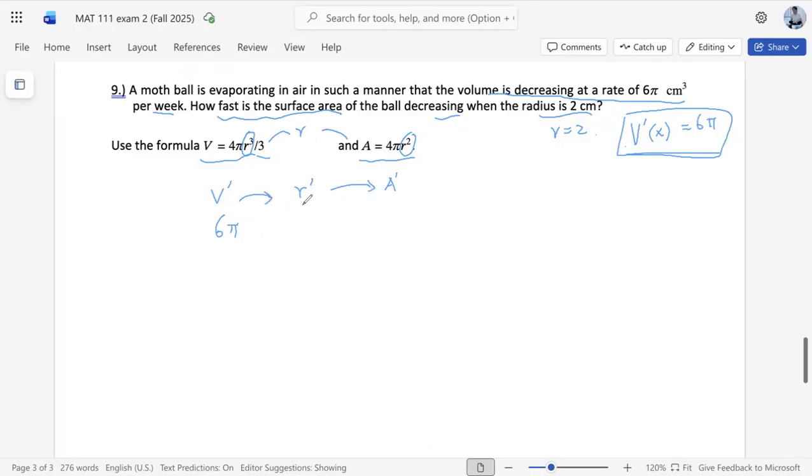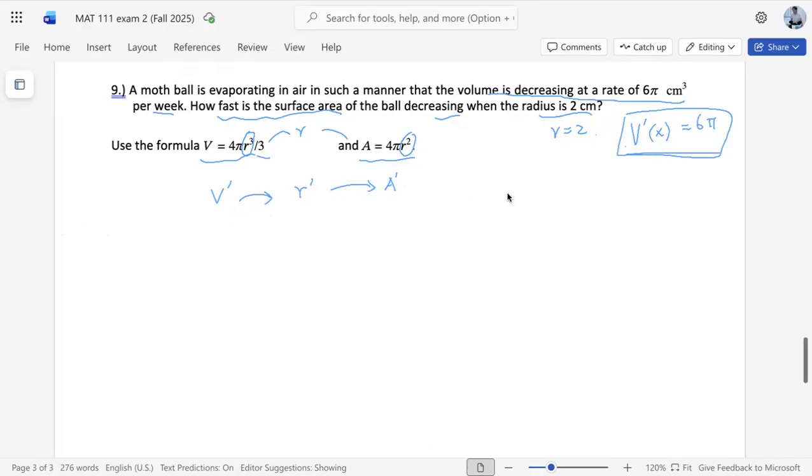So how do we find the change of the radius? We do related rates, right? Remember related rates? We want to take the derivative in terms of time. Think about it like dV/dt, but we don't want to get too complicated, so we just use V prime, R prime, A prime.